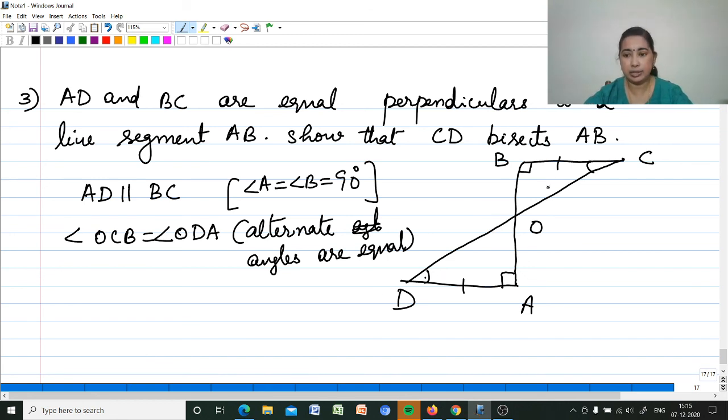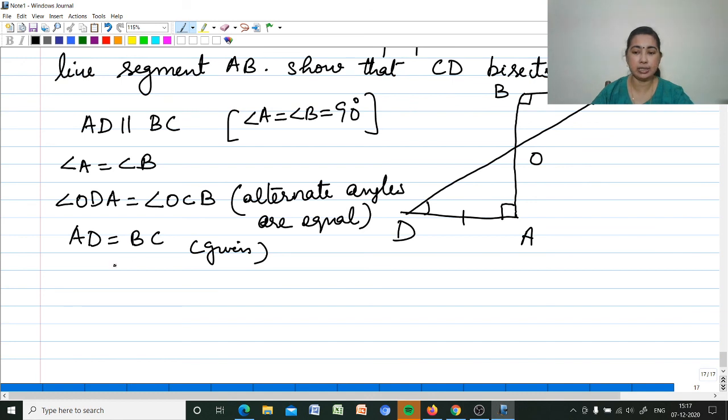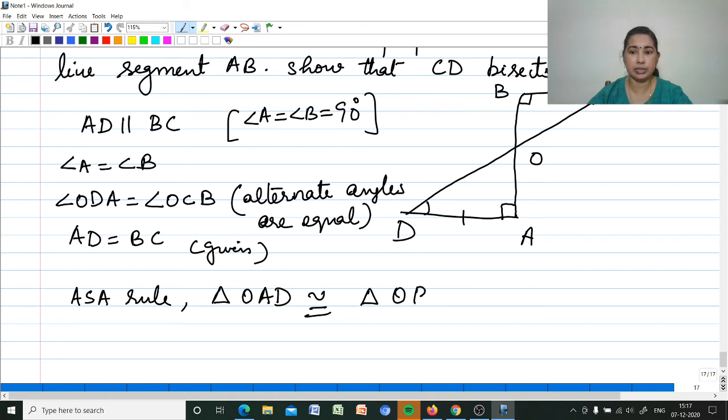So these two angles are equal, and the side AD is equal to BC. Since two angles and one side of the two triangles are equal, we can say that by the ASA rule, triangle OAD is congruent to triangle OBC.